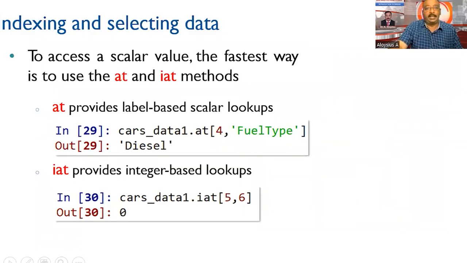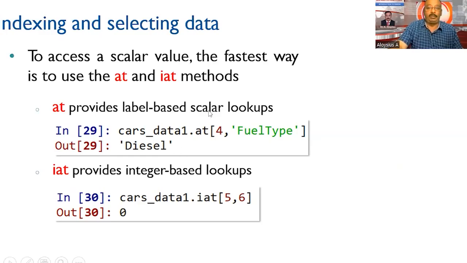Indexing and selecting of data can also be done using the scalar value, the fastest way, by using two methods called at and iat. At provides label-based scalar lookup.